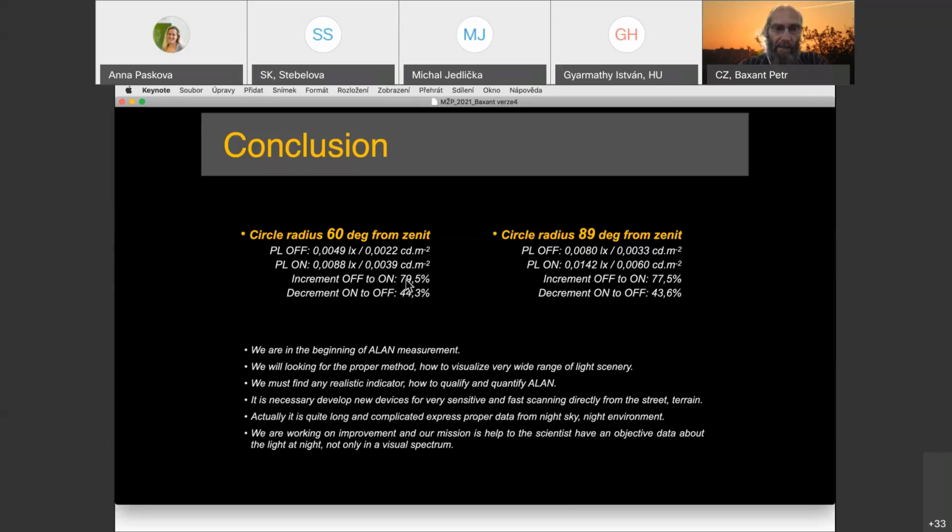So the luminance and also illuminance increase about 79 or 80% higher.